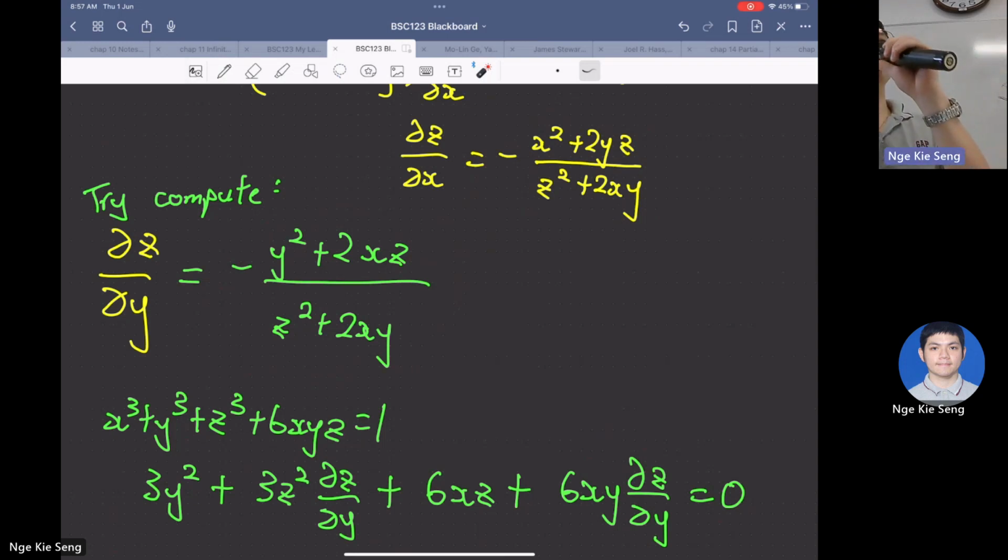Who is beside Teresa? Jiaming. Last name? Liu. Liu Jiaming.